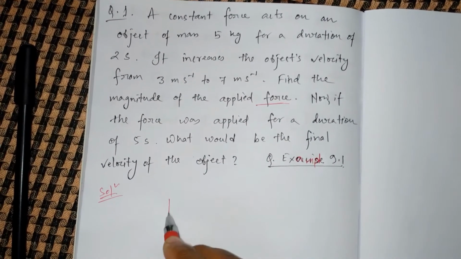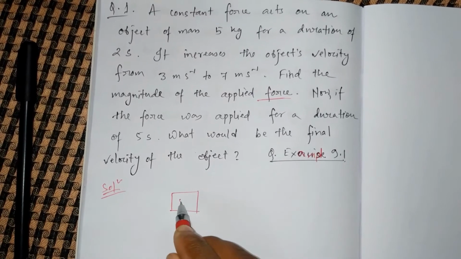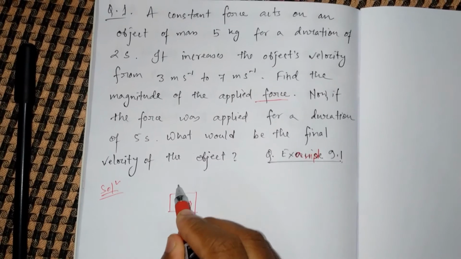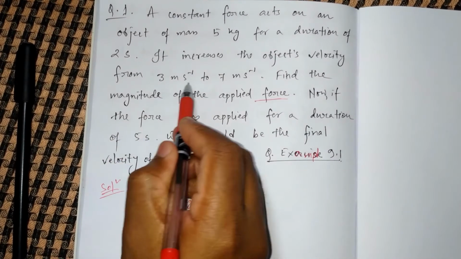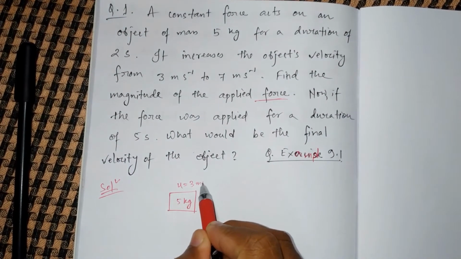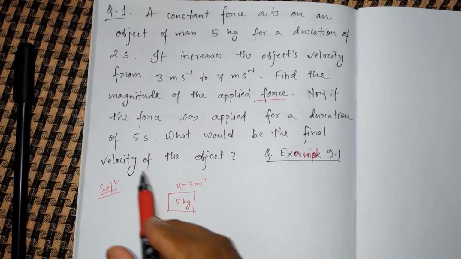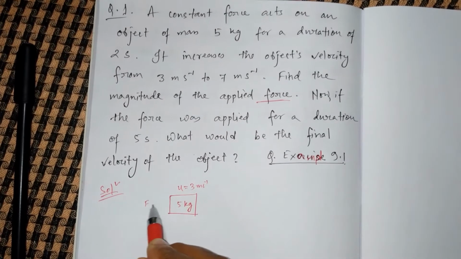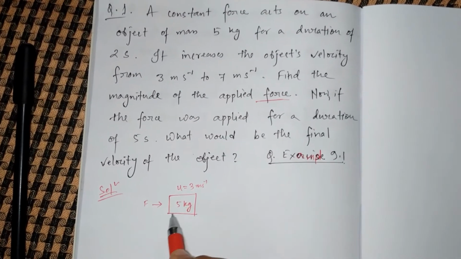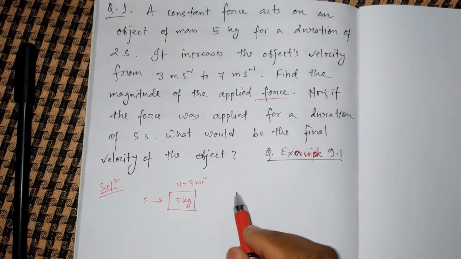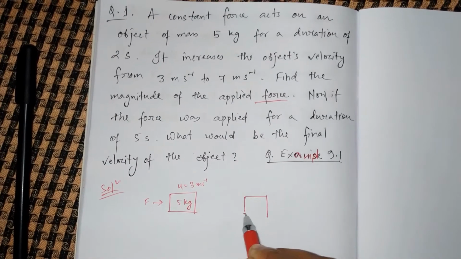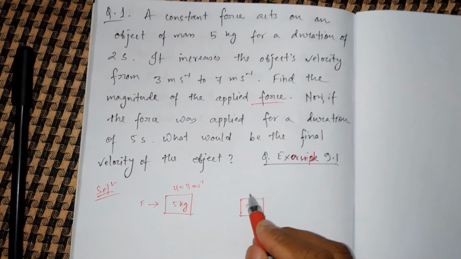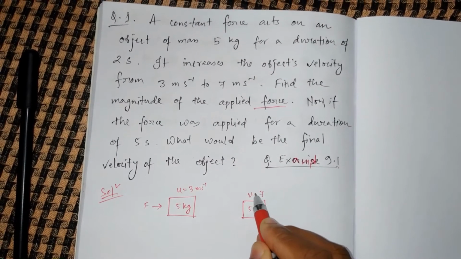An object is there, suppose, having a mass of 5 kg and an initial speed u equal to 3 meter per second. Some force F is applied on it, and for that the object changes its motion into 7 meter per second.